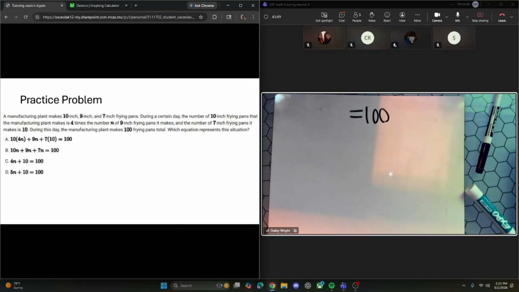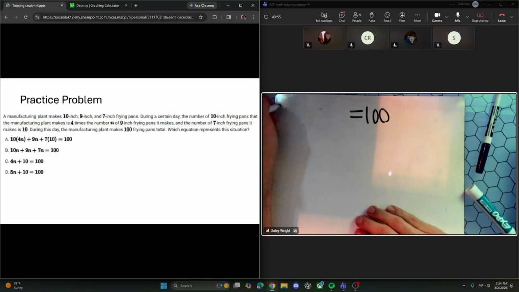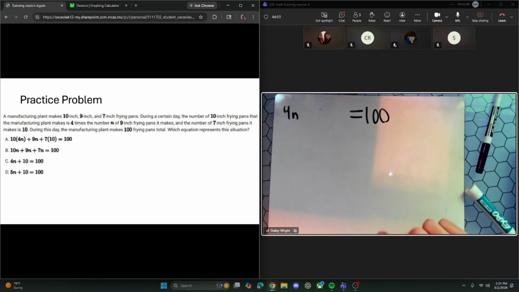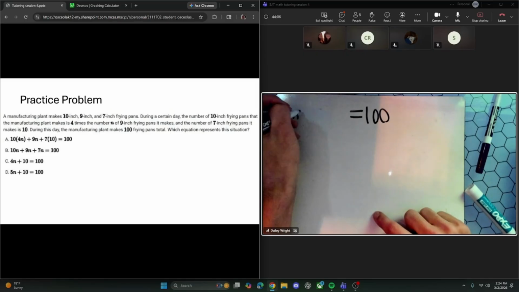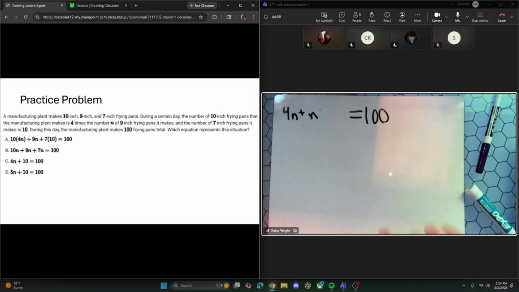So the number of 10-inch frying pans that the manufacturing plant makes is 4 times the number n. So this is kind of the same setup. So the number of 10-inch frying pans is 4 times n. And then we know n is the number of 9-inch frying pans it makes, because it says that in the same sentence there.